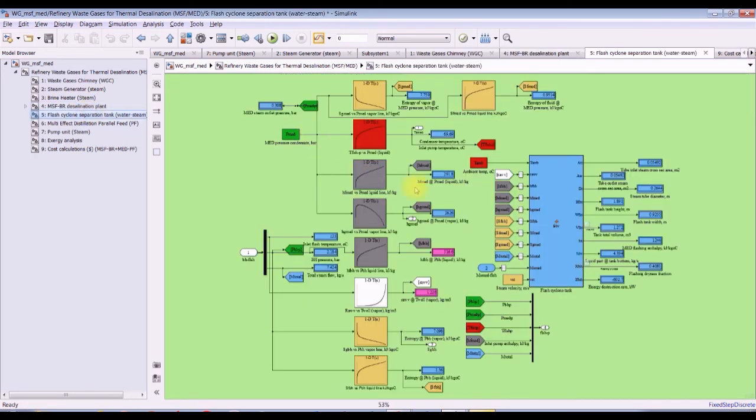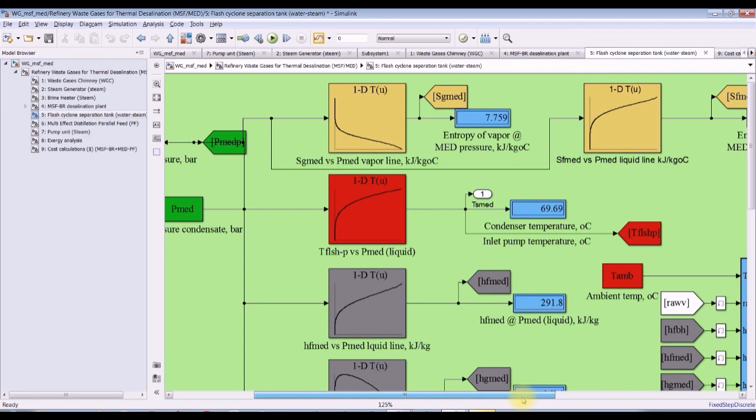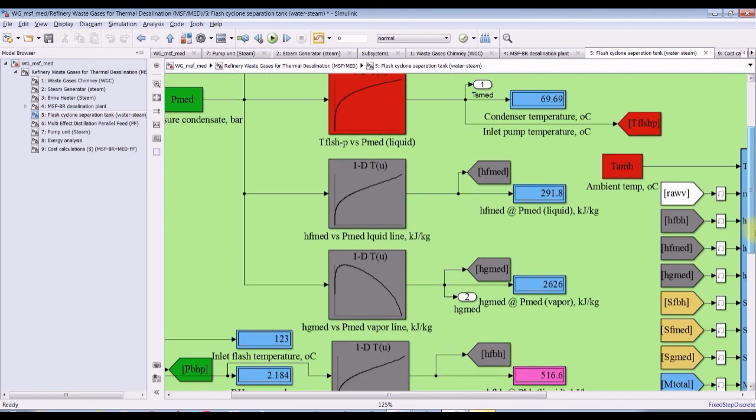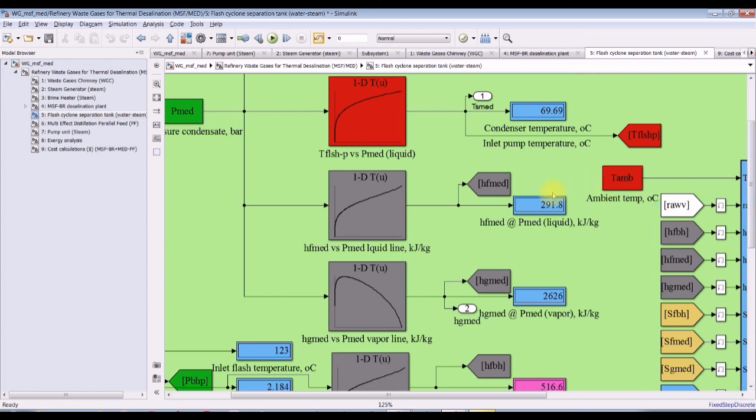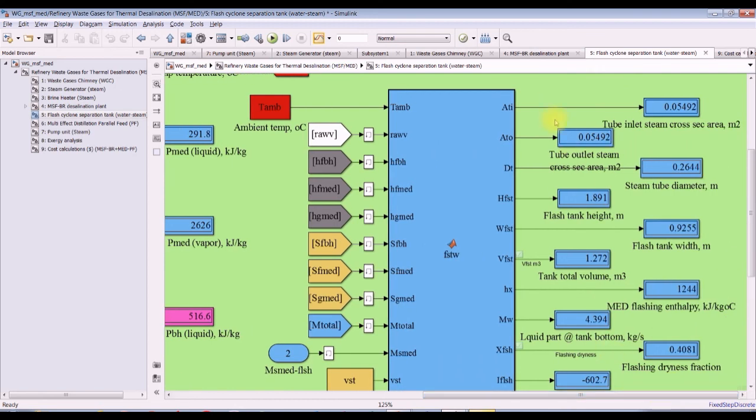For this flash cycle, you can discover some pressure, entropies, condenser temperature, air condenser temperature, enthalpy, and so on. And this is the cross-section area of tube inlet steam of the flash cycle unit, and so on.